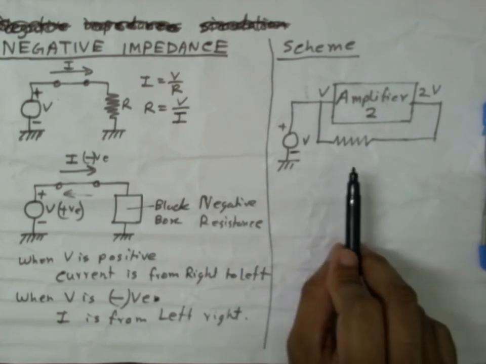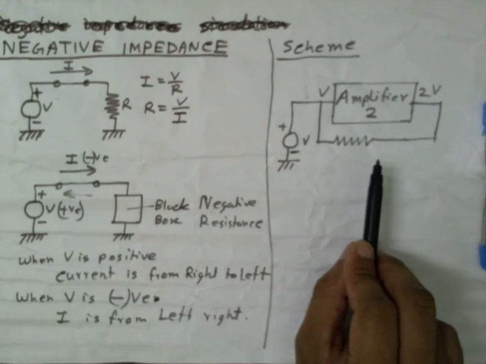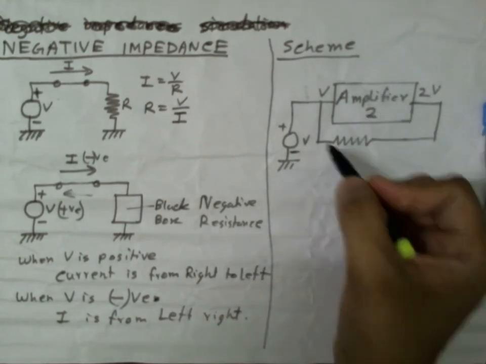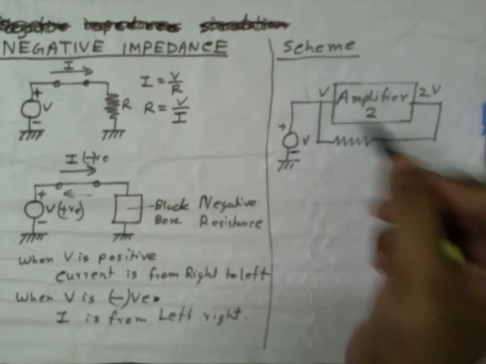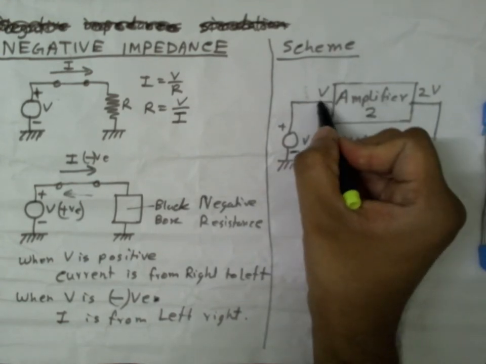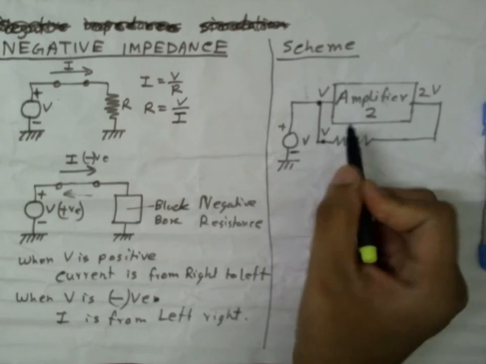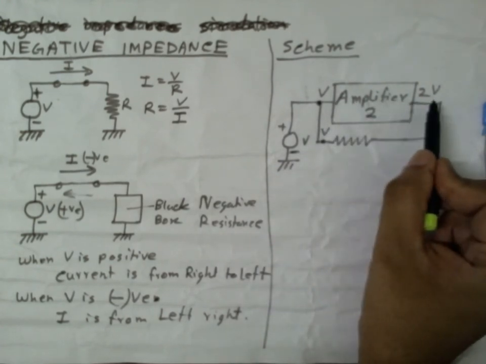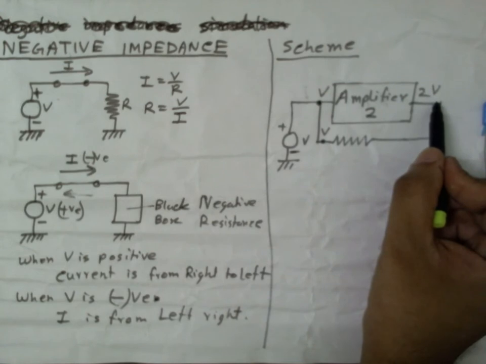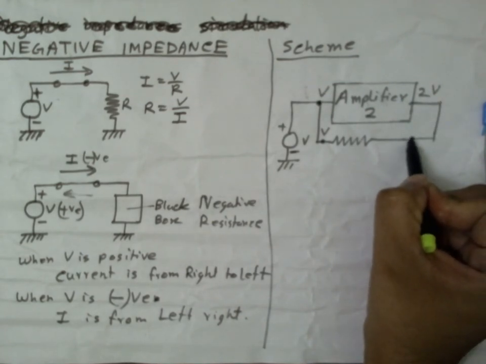I hope you already have guessed what is going to happen. Let me still say what's going to happen. When this voltage is V, I'll have V here, but this amplifier amplifies this voltage, and I have 2V, double voltage on the right side, which comes here.